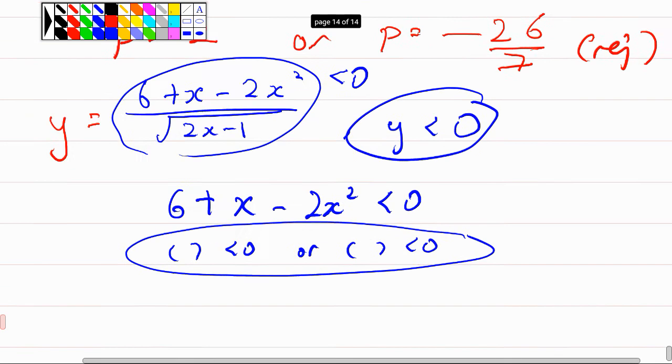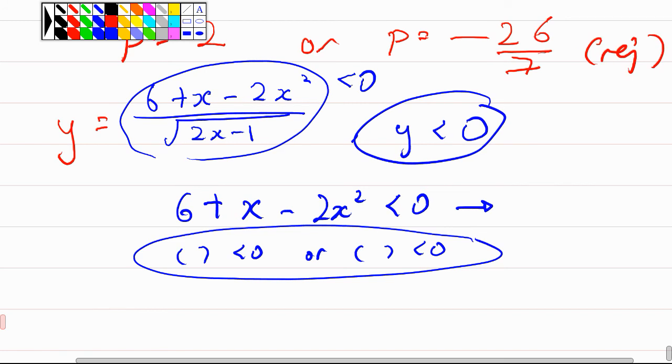Did you factorize this? I hope you didn't. Do you notice the minus 2x squared? What must you do? Change to plus. Do you change to plus? If you never change to plus, the answer is wrong.